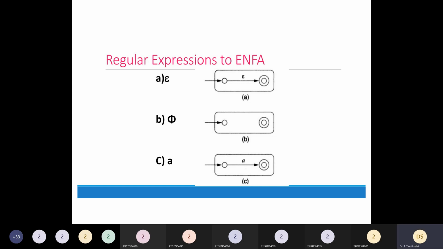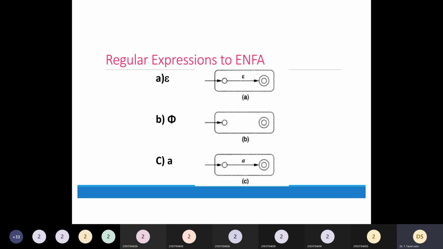Here the double circle is used to represent the final state. One arrow followed by a circle means the start state, and the double circle means the final state of the graphical model, our finite automata. Here graphical model is nothing but the finite automata. So the first one is the null string, second one is the null set, and the third one is the input symbol.